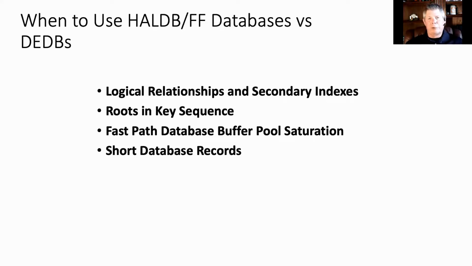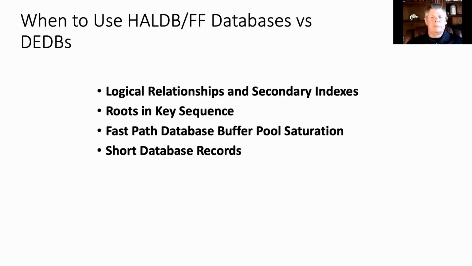There have been some vendor products that have been around for a long time that gave you secondary indexes, so you could have them, but it wasn't one of the original design. But they are available now. If your application needs to process root segments in a key sequence, you will be able to use DEDBs only if you can code the DEDB randomizer to assign that root anchor point in that sequence.